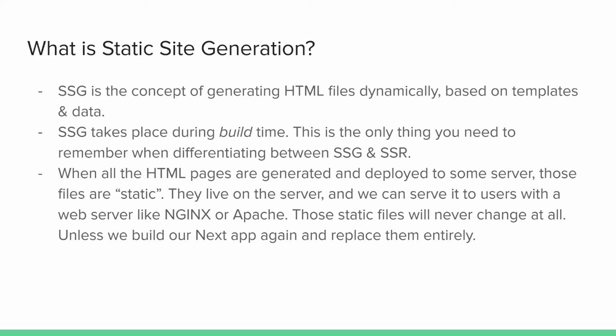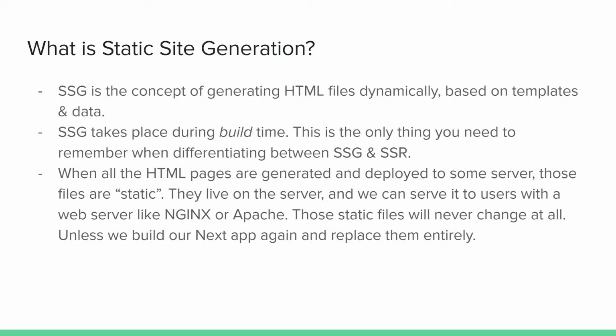And if you're calling any external APIs, it will call those APIs, take the data that was returned from the API, and then literally parse it into the HTML file that's being generated. Okay? And once all of those HTML pages have been generated during build time, you can just think of them as individual HTML files that are never going to change, unless you run the build script again.